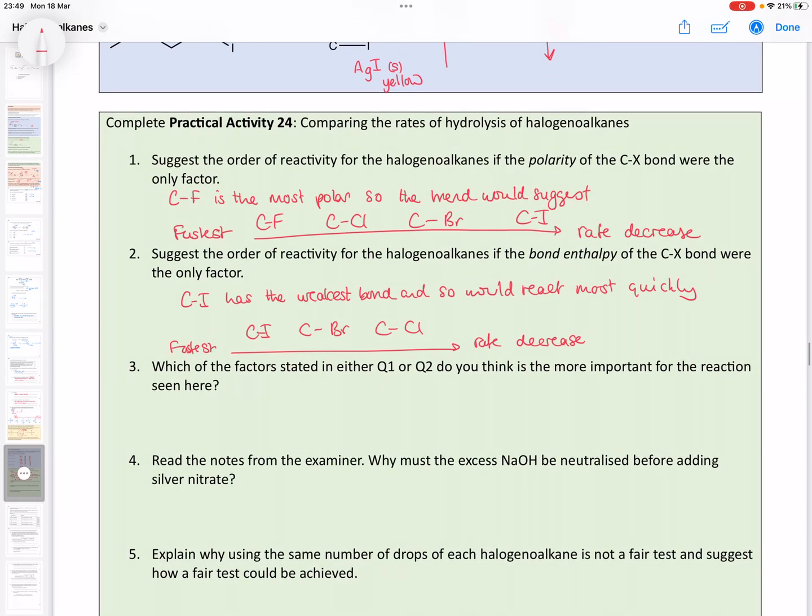So the factor that's most important is the bond enthalpy, because the C-I bond hydrolyzes the fastest.